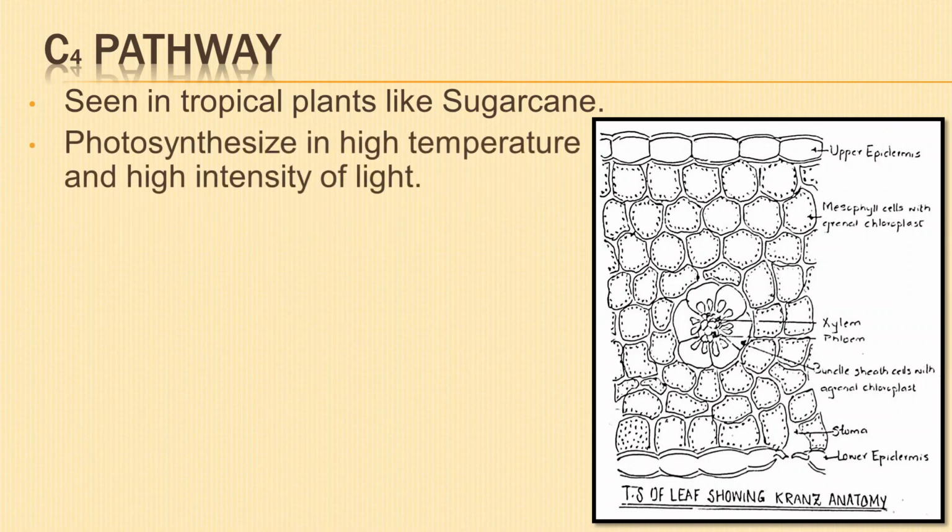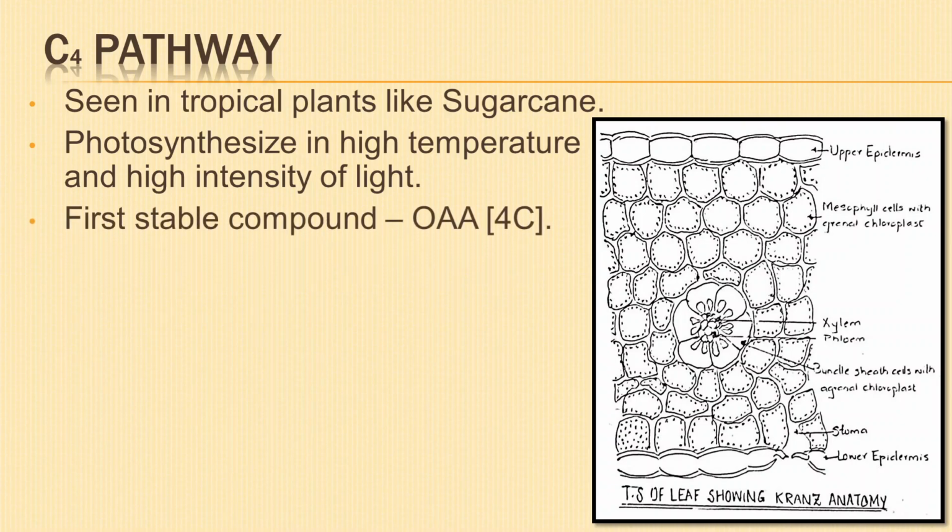They can photosynthesize in high temperature and high intensity of light. The first stable compound is a 4-carbon compound, oxaloacetic acid, and hence these plants are called C4 plants.